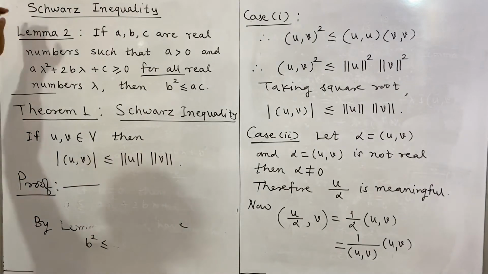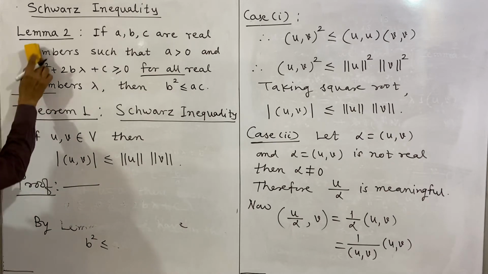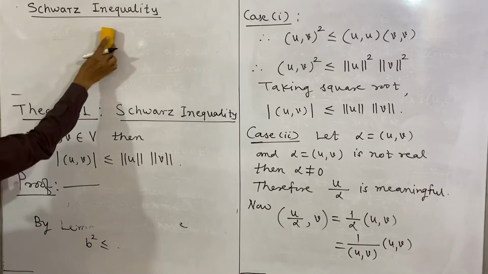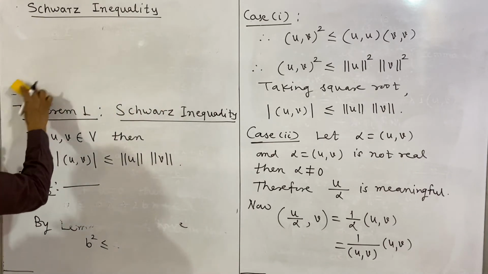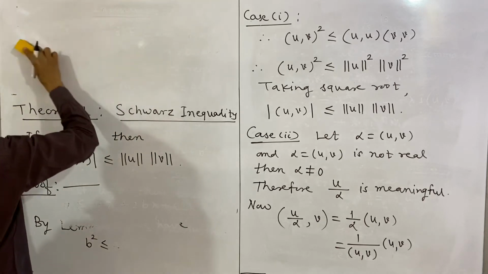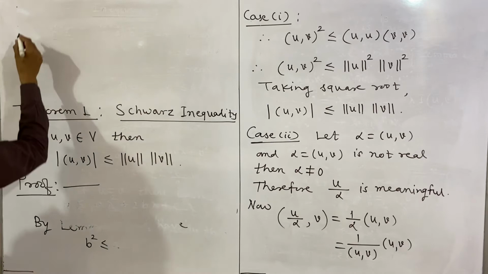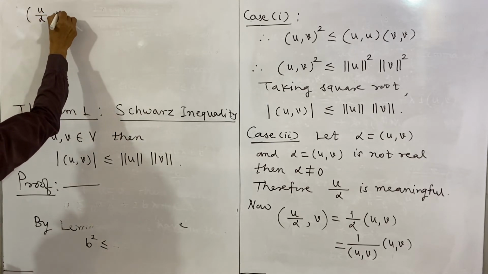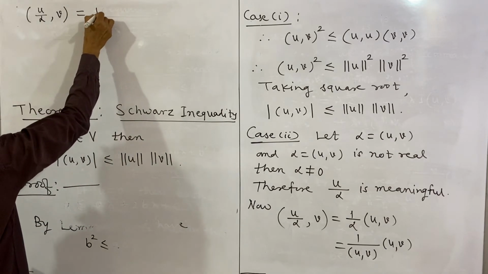Now, using the lemma we have done in the first case, the left side is the inner product of u upon alpha with v, and the right side is equal to 1.